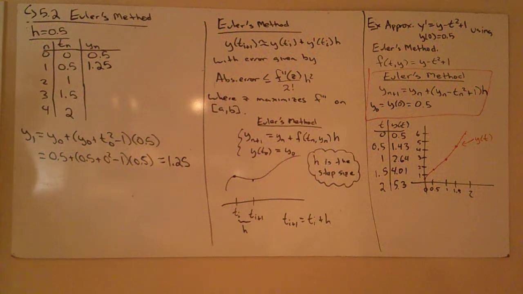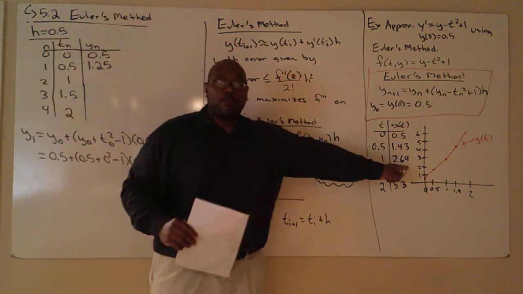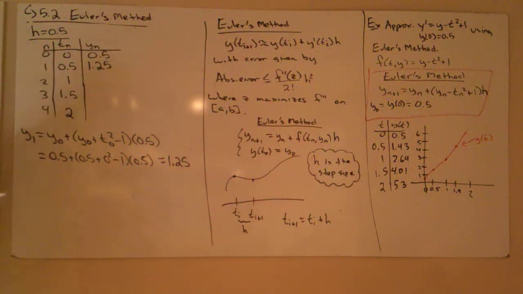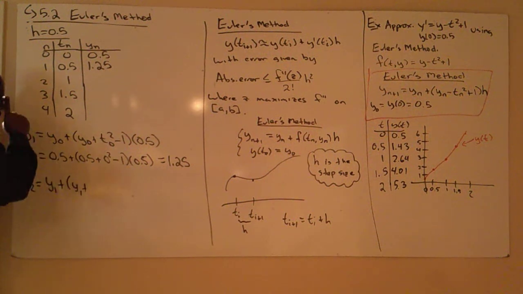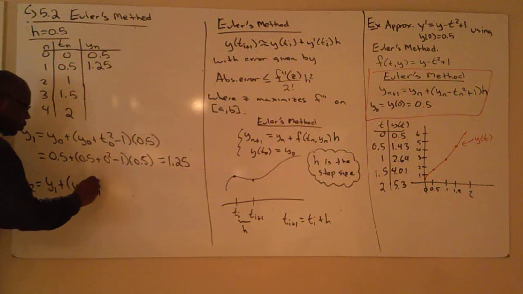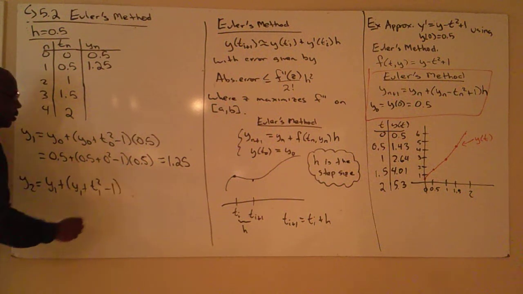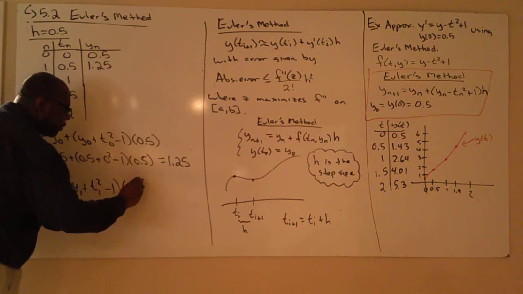So my approximation of the value of y at 0.5 is 1.25. If you look over here, that value was 1.43. Let's do y sub 2 real quick. Y sub 2 is equal to y sub 1 plus y sub 1 plus t sub 1 squared minus 1 times 0.5.